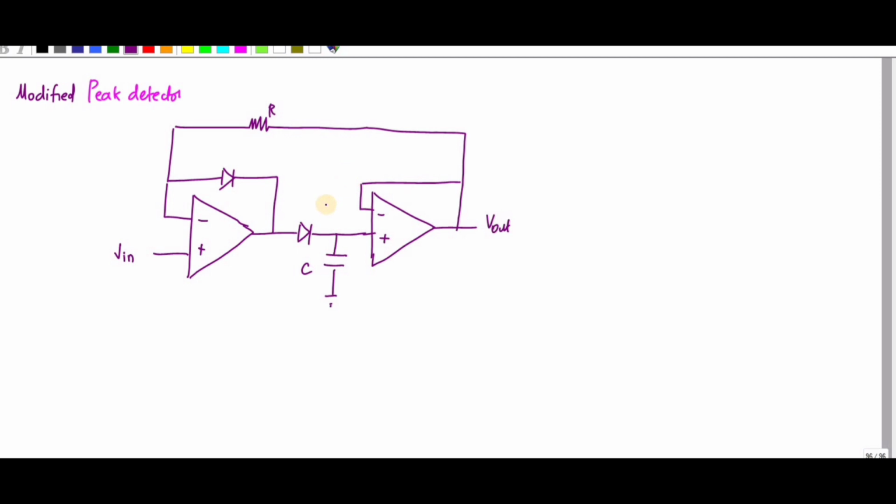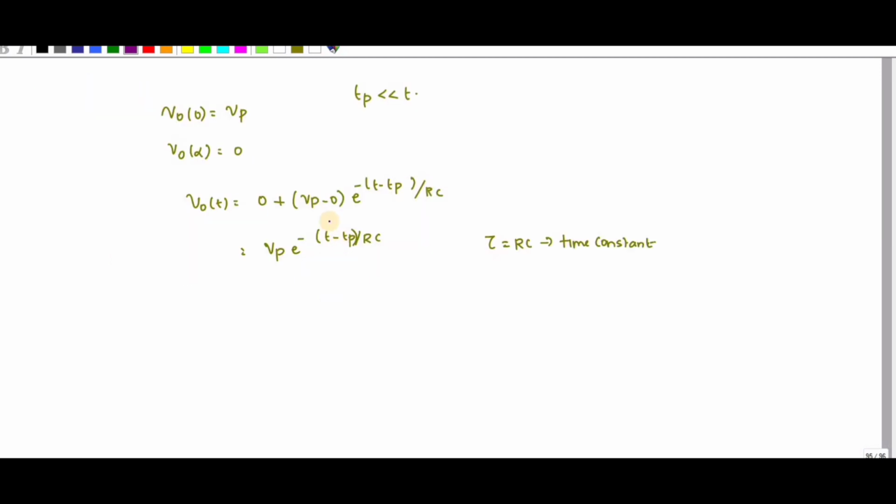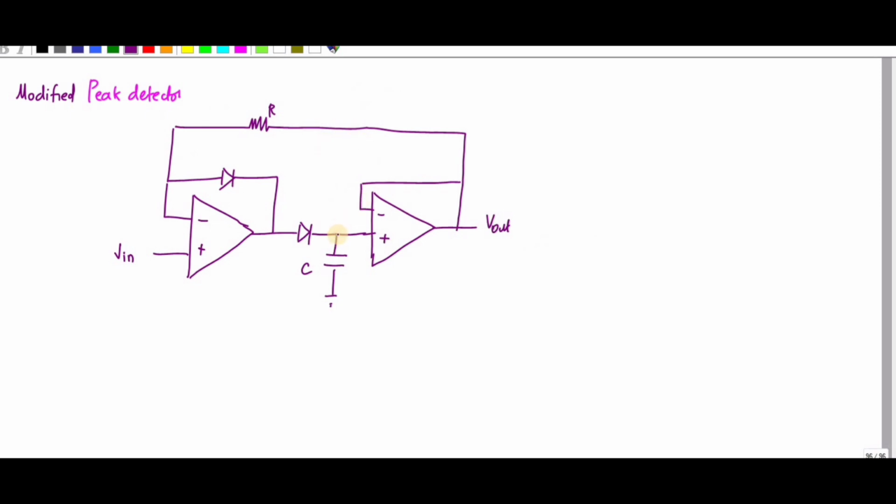So this is your modified peak detector. Initially the capacitance which we are storing in this is 0. So if this is 0, since it is a voltage follower, this output is also 0. So this point is also 0. So consider my input signal is varying like this.